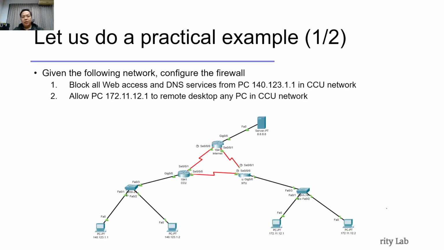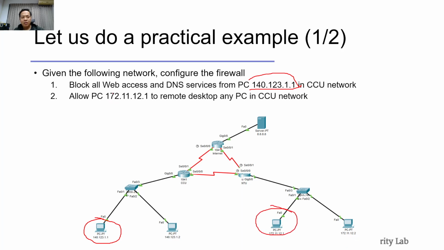And if you see, we can do this in practice. We can block all the web access and DNS from this IP, this one, from the CCU network, but allow the PC from the internal.